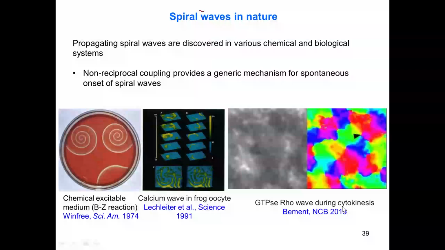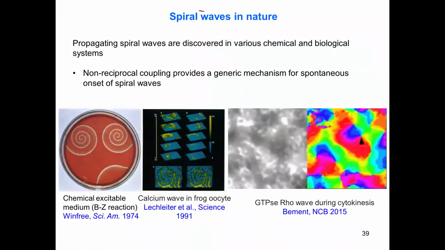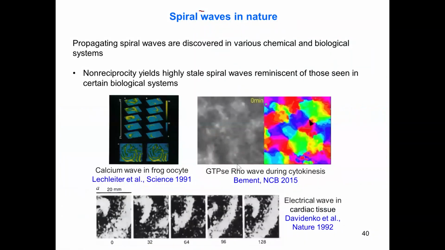The unique feature of the bacterial spiral wave we found here is that it's a mechanical spiral wave. It's a spiral tension wave, and the motion of the core is distinct from those known in non-equilibrium chemical reactions, like BZ reactions.